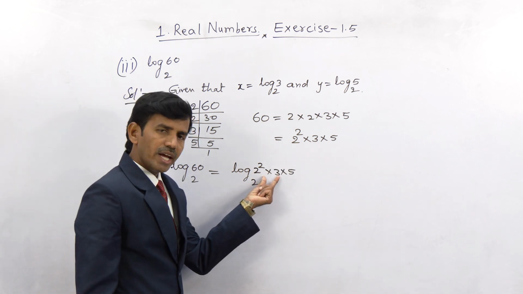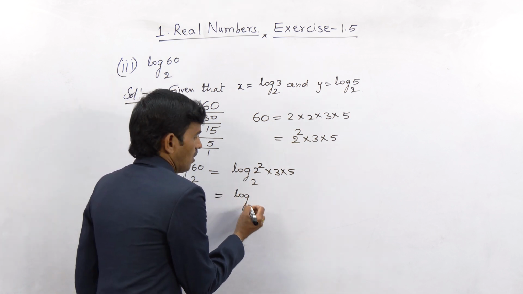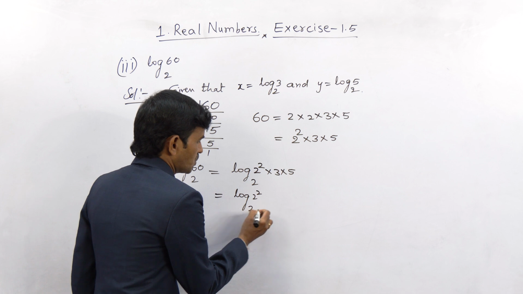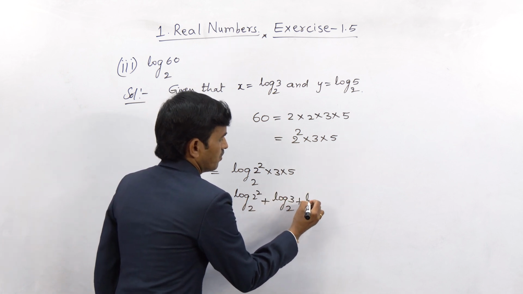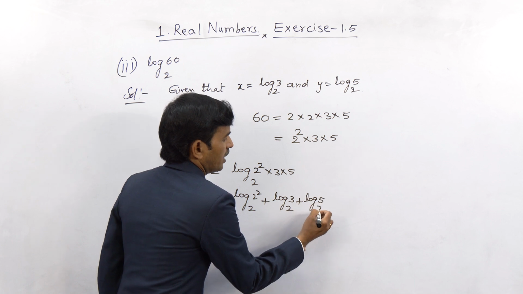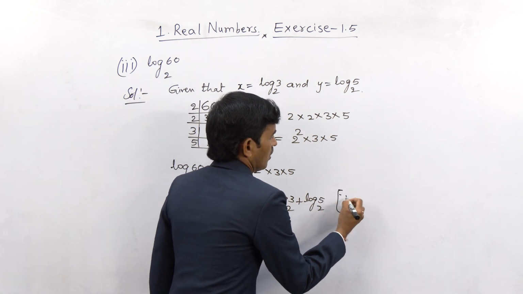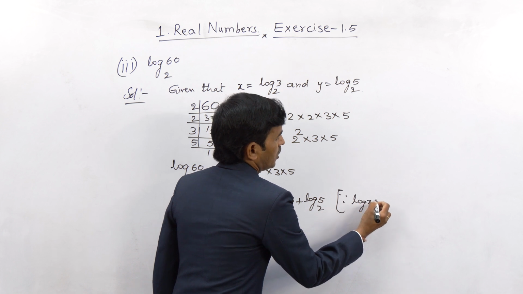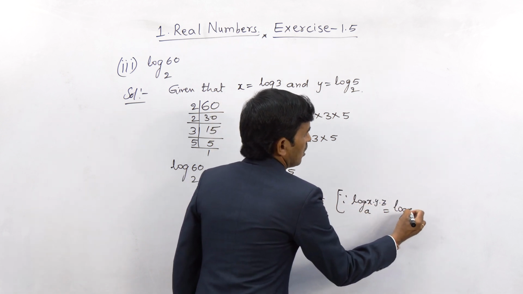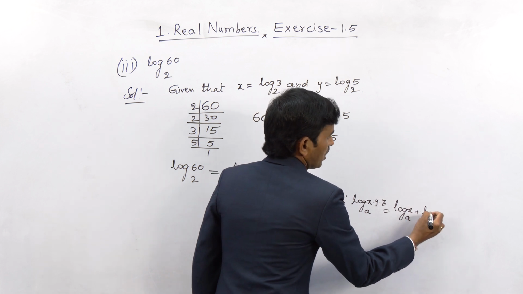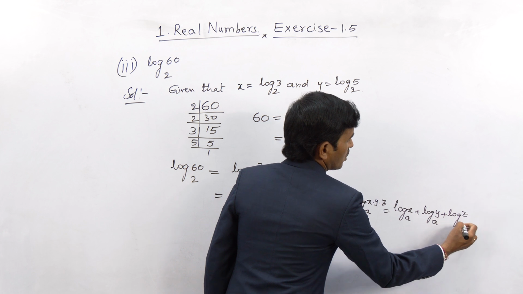When written as a product, we can apply the product rule, that is log 2 square to the base 2 plus log 3 to the base 2 plus log 5 to the base 2, based on the rule log x into y into z to the base a equals log x to the base a plus log y to the base a plus log z to the base a.